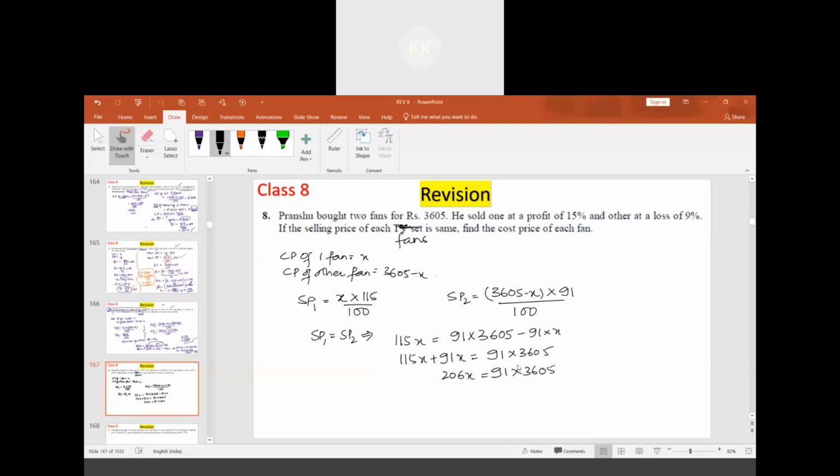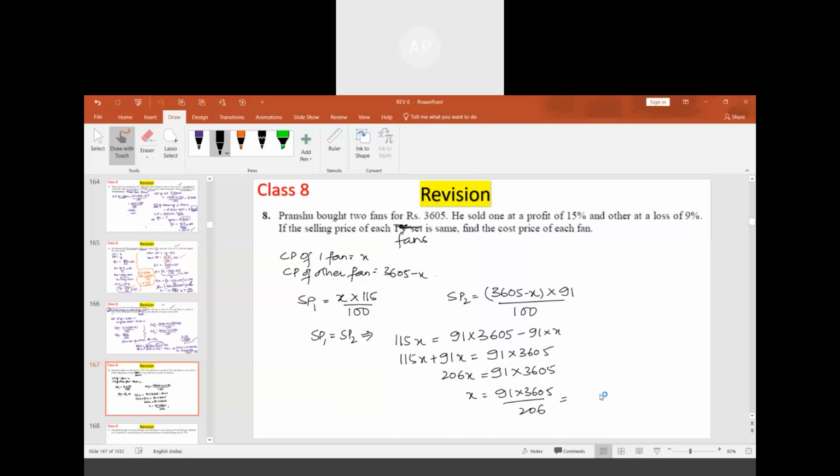So x will be 91 into 3605 divided by 206, which will be that. We get some fraction also. Yes, sir, 0.5 we get.